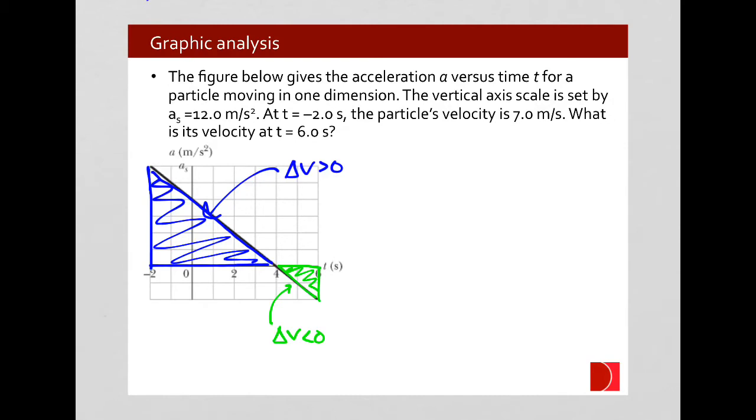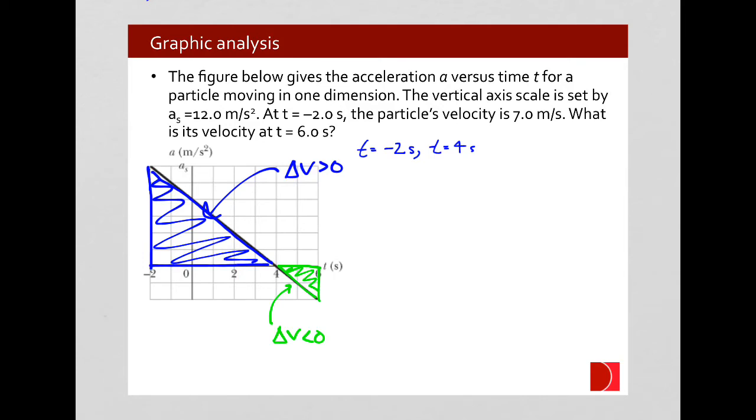So, if we want to find the velocity, we have to add up the areas under the curve. So looking from t equals -2 until t equals 4 seconds, which is all of the region while the acceleration is positive, we see the shape here is a triangle.